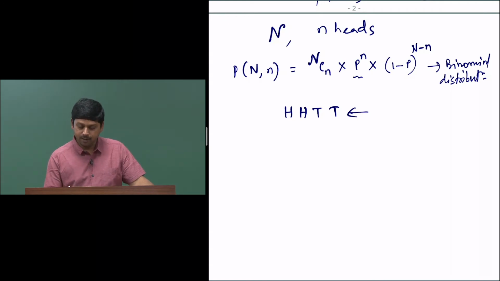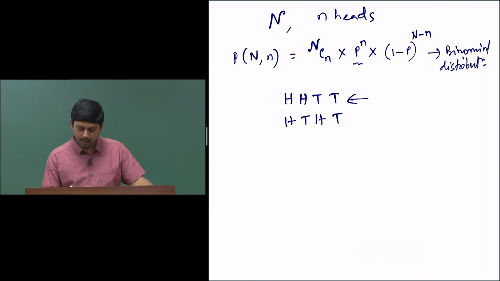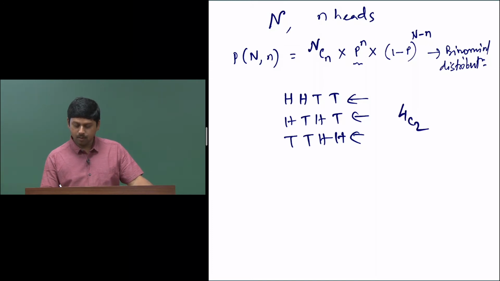This situation will satisfy it, this situation will also satisfy it, and this one as well. As you can see, out of 4 C 2, that means 6 possible ways, we can have 2 heads and 2 tails.